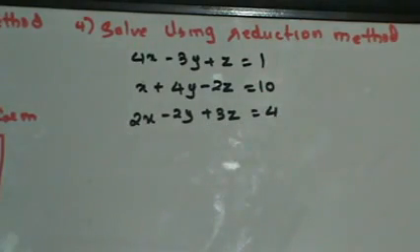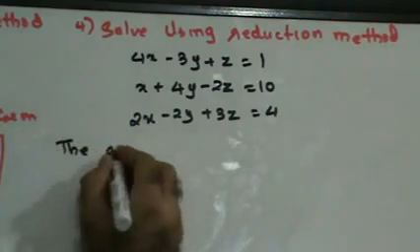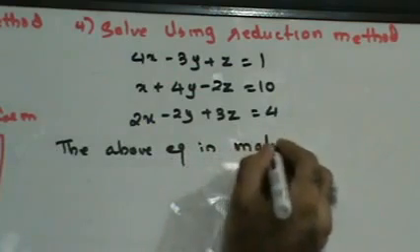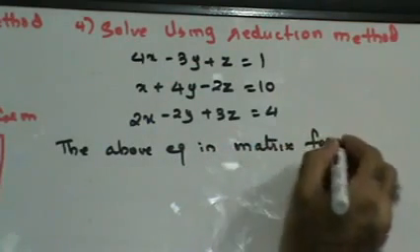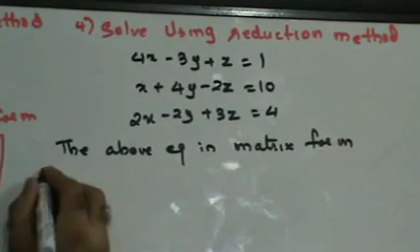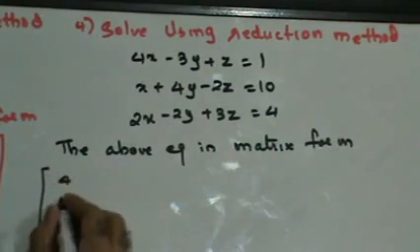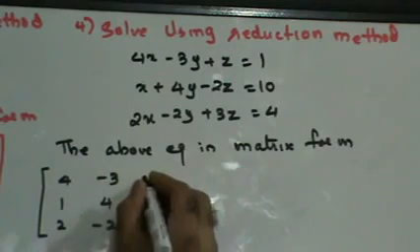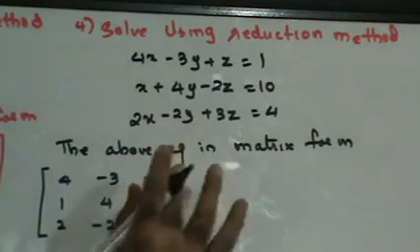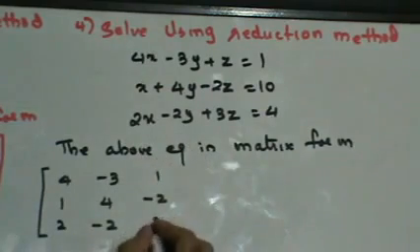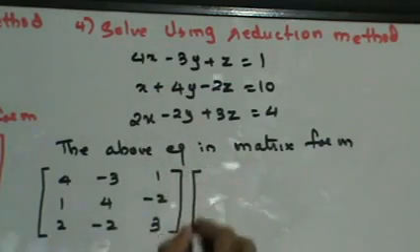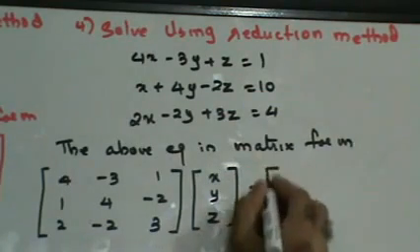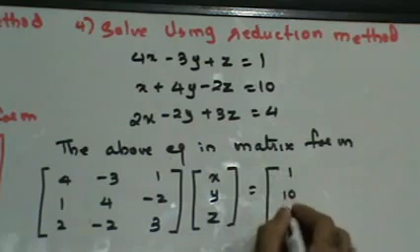Now I can write the above equation in matrix form: 4, 1, 2, minus 3, 4, minus 2, 1, minus 2, 3, times x, y, z, equals 1, 10, 4.